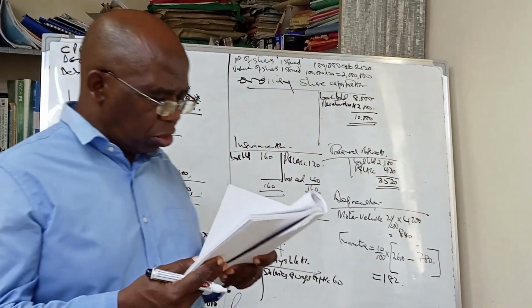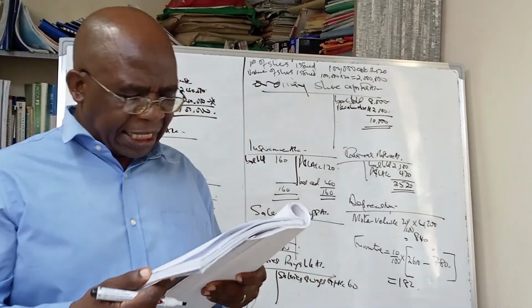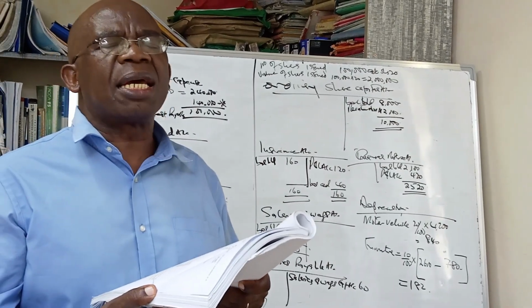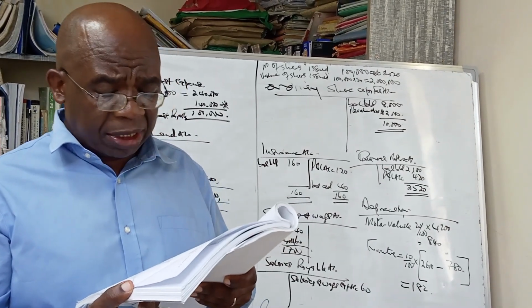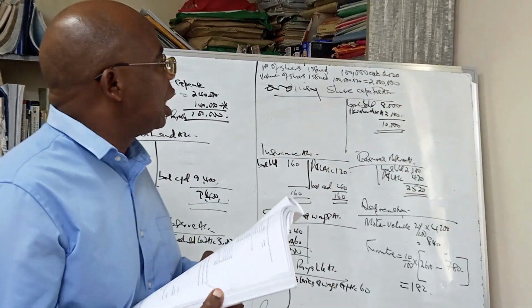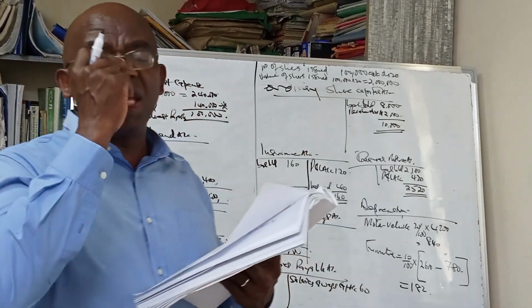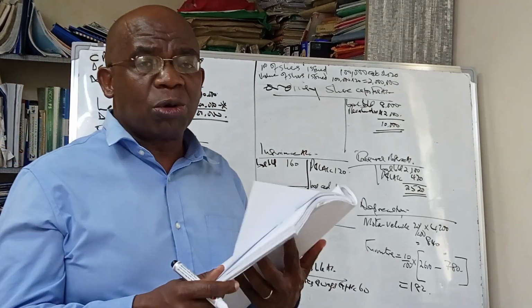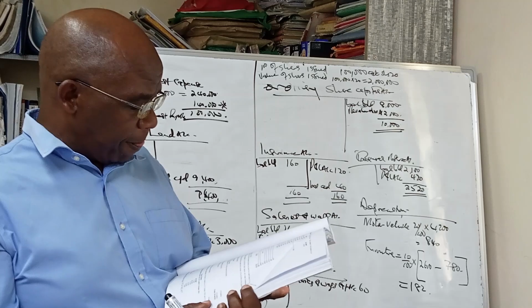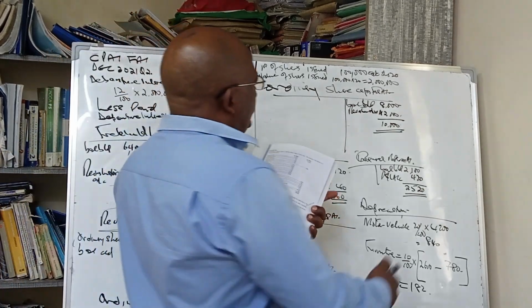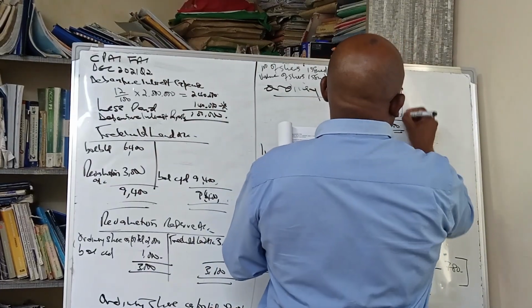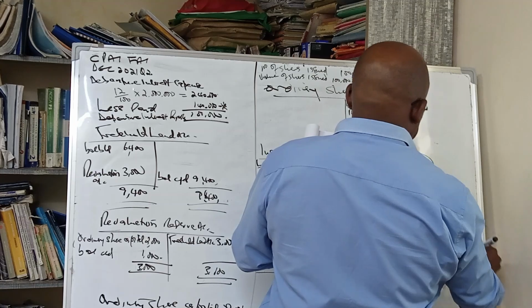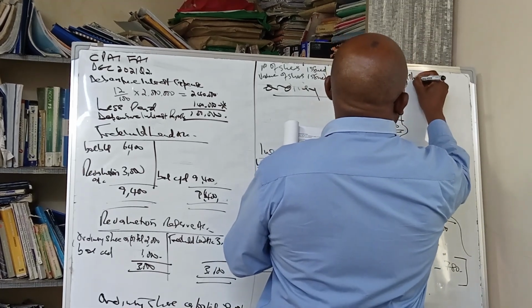Then number 7, you are told allowance for doubtful debts is to be maintained at 5% of the accounts receivable. It is supposed to be the closing balance. You're being given how to arrive at the closing balance of allowance for doubtful debts.